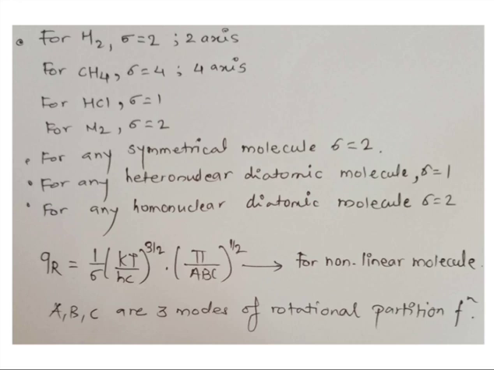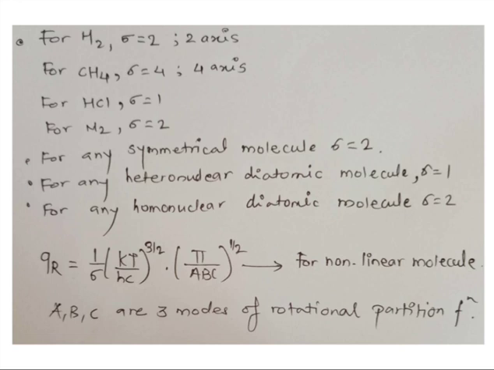And for non-linear molecules, the rotational partition function can be calculated by using the equation QR is equal to 1 upon sigma, in bracket kT upon hc, bracket raised to 3 by 2, in the next bracket pi upon ABC, bracket raised to half.